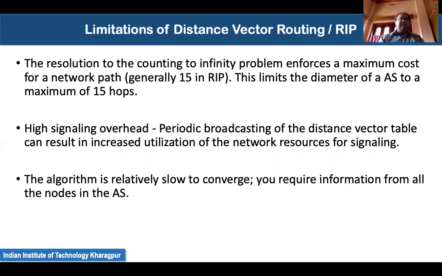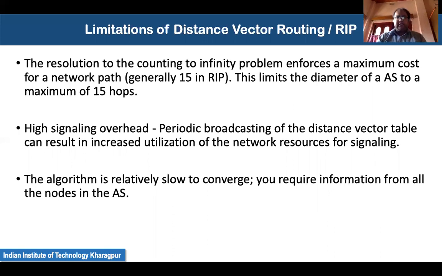Now, one of the major problems we have seen in distance vector routing is the count to infinity problem. Although many solutions have been proposed to eliminate it, this kind of problem still exists in a network. There is no absolute solution which can remove the count to infinity problem completely, and that is why we typically limit the network path, so that the network cannot have more than this many hops.